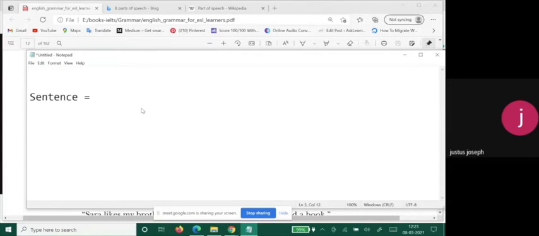Okay, one is a subject, then comes a verb, and then comes an object. So when you say Ram killed Ravan, Ram is a subject, Ram is also a noun. What kind of noun is it? Common noun or proper noun? How do you know it is a proper noun? The capital letter Ram, R.